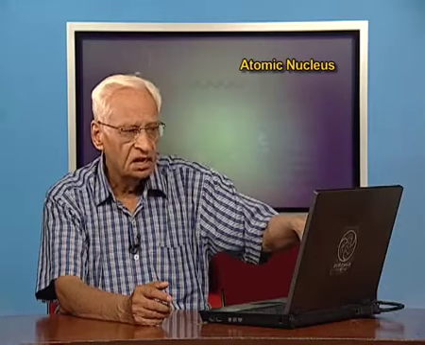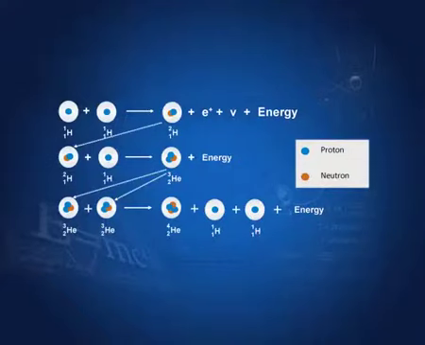Then this deuterium takes another proton and becomes helium-3, releasing some energy in the process, and 2 of these helium-3 nuclei interact and give us a helium nucleus.